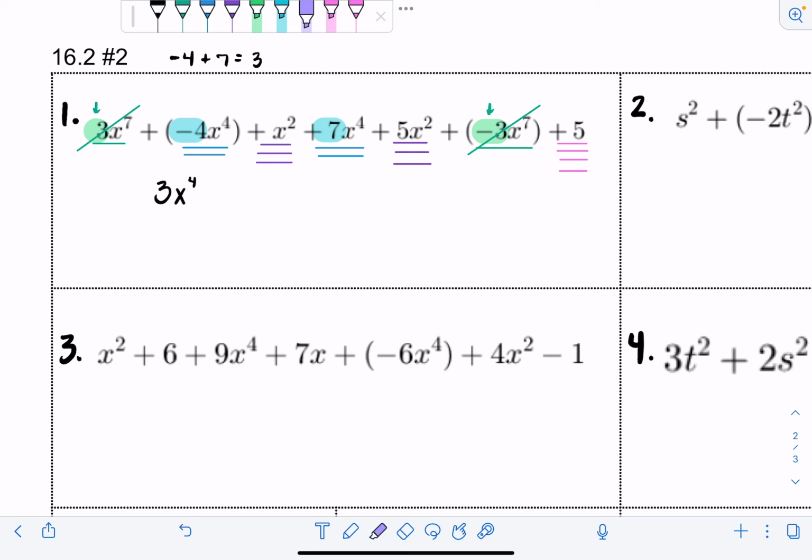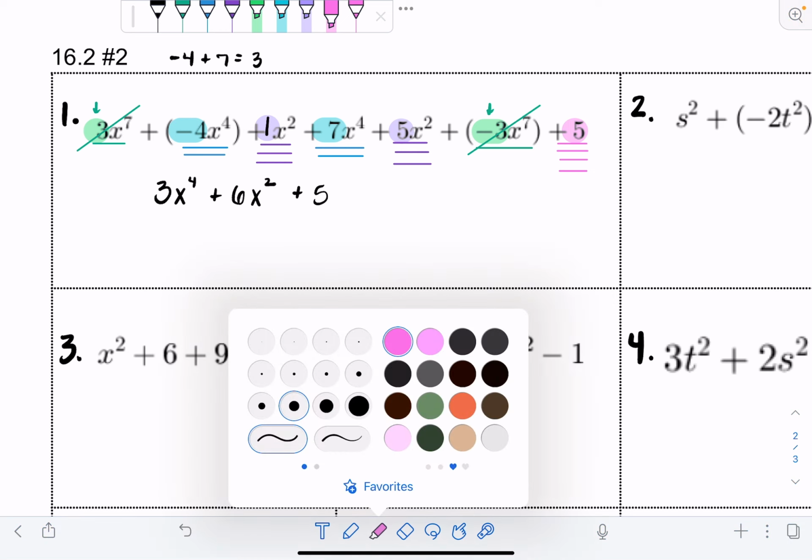And then next I can move on to my x squareds. Remember, if I don't have a coefficient, then the coefficient is 1. So I would do 1 plus 5 is 6x squared. And then my last one that I can't forget about is that 5. Even though I don't have anything to combine it with, I just have to tack it on at the end. So 3x to the 4th plus 6x squared plus 5.